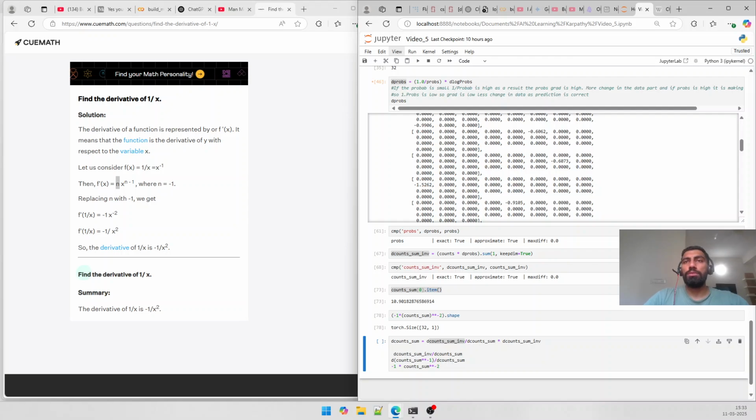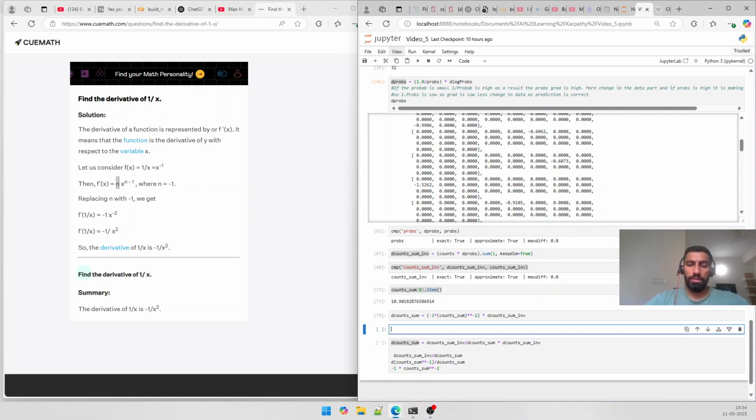This would be 32 cross 1 into this individual, and that would be the count sum, and we can do a comparison as well.